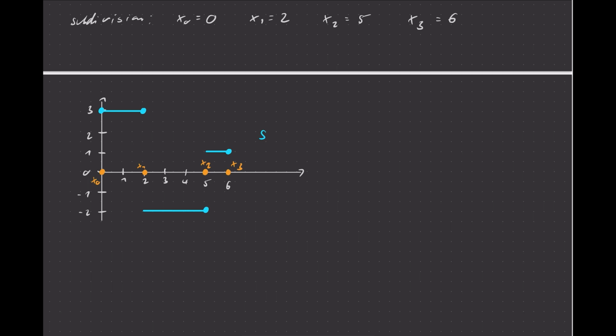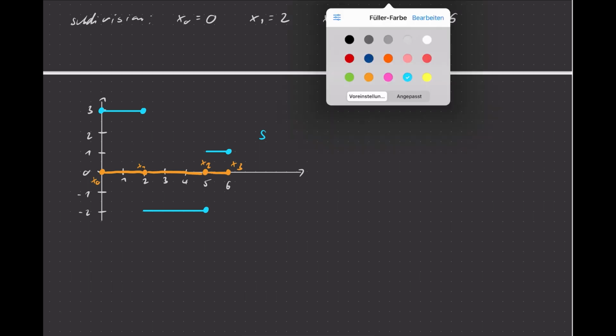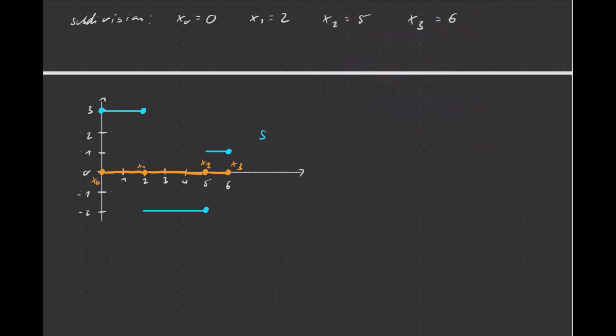And now the integral can simply be computed by looking at those intervals here, and then at the corresponding rectangles. So we have this rectangle here that will be counted positively.